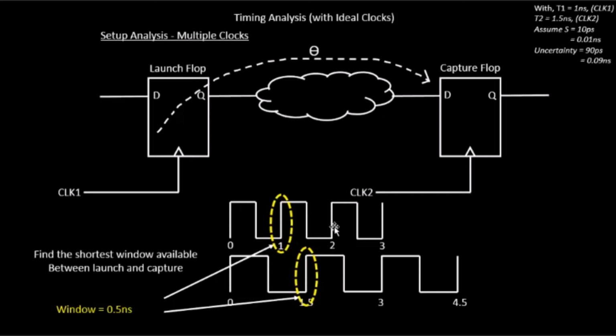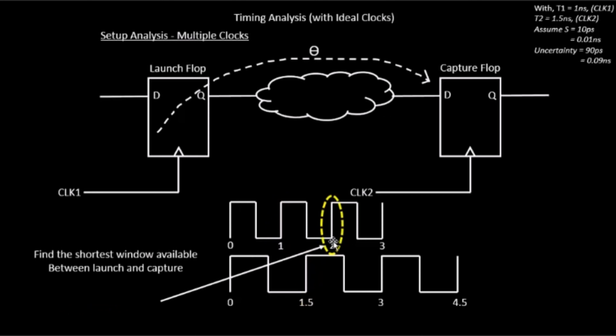Let's say we go into the third edge, which is this one. So the launch flop of clock 1 launches the data at this rising edge of the clock, and the next rising edge that you see from this point onwards on clock 2 is this one. So this is the next rising edge, so capture will happen at this point.